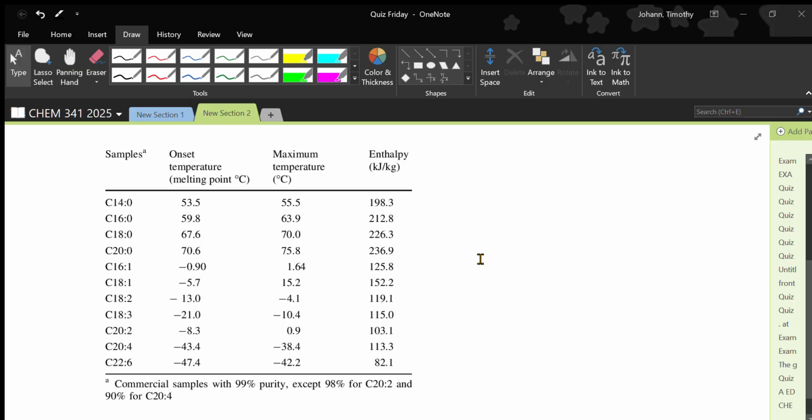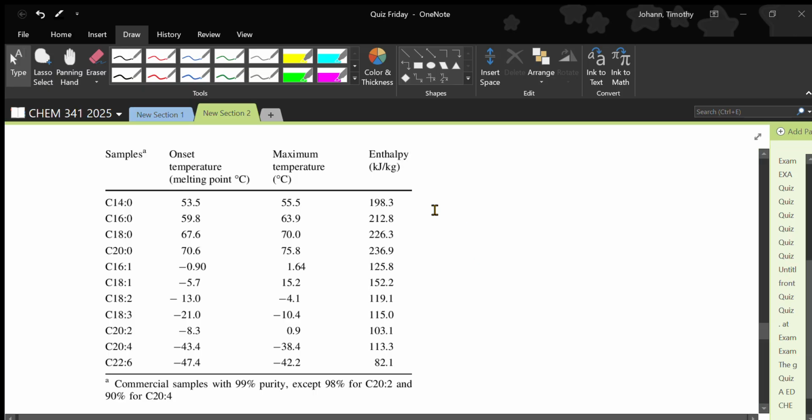And if I add another double bond, it goes down some more. So you see that adding the single double bond makes a huge difference. You can see it here. Let's see, 16, did we get 16? 59 down to below melting again. It's a big difference there. And that's important for membranes and membrane fluidity.